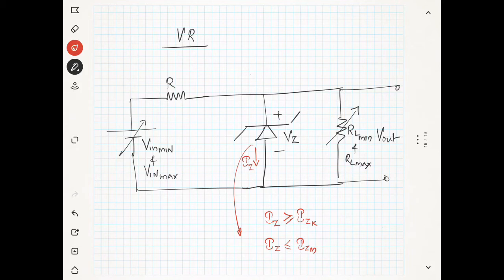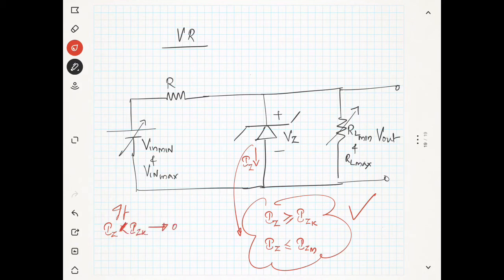If IZ is less than IZM, then it will work fine. These are all the operating conditions. If IZ is less than IZK, your Zener diode will turn off, and if IZ is greater than IZM, your Zener diode will be damaged. So you don't want this condition.